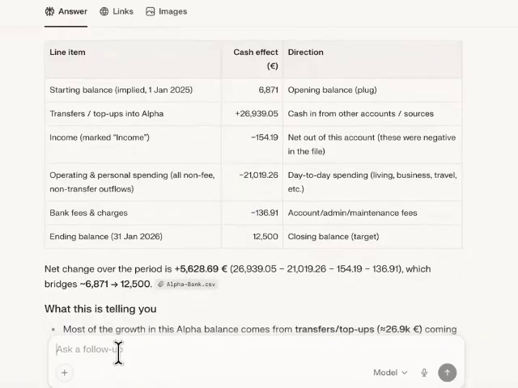Okay, what do you mean by income? Okay, how did you calculate income? Is this transfers minus expenses? Is it because they have a negative number here?